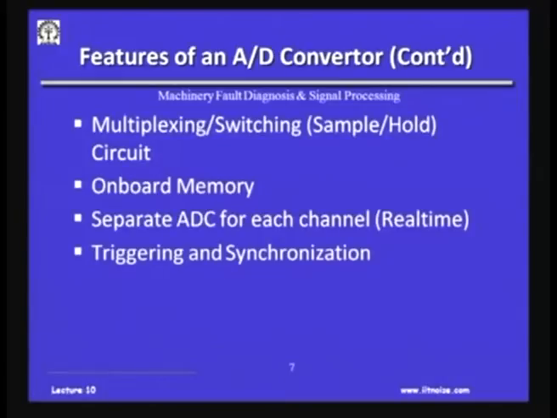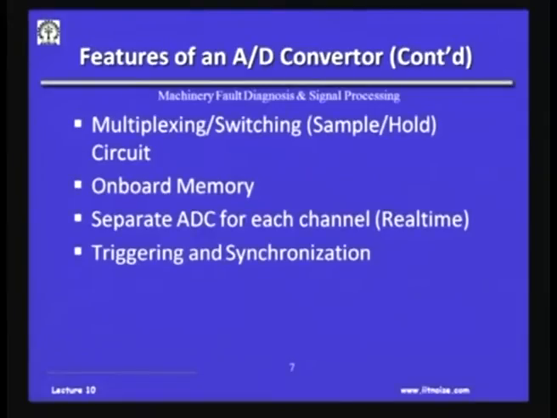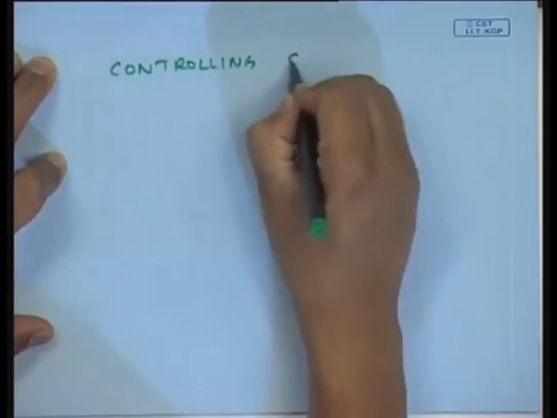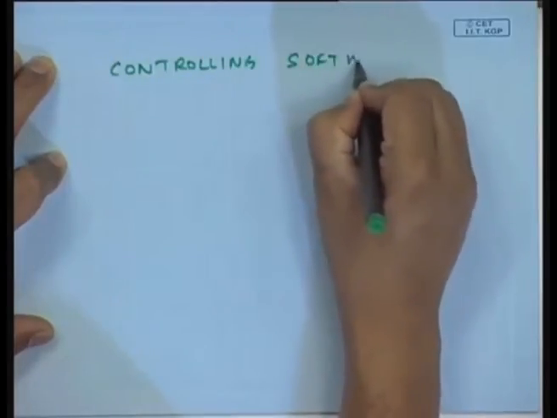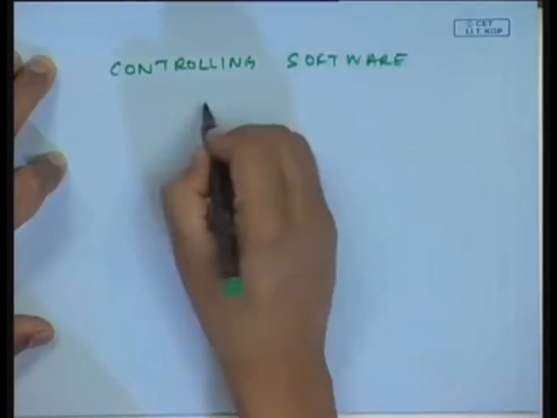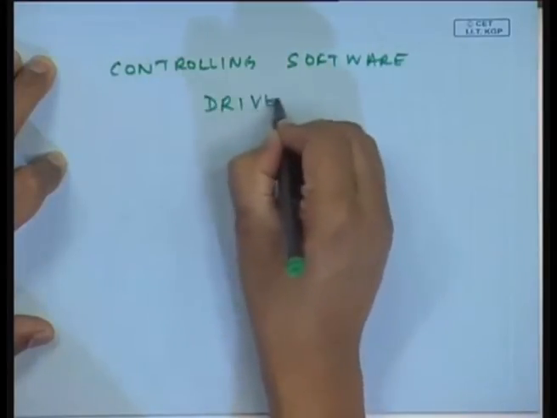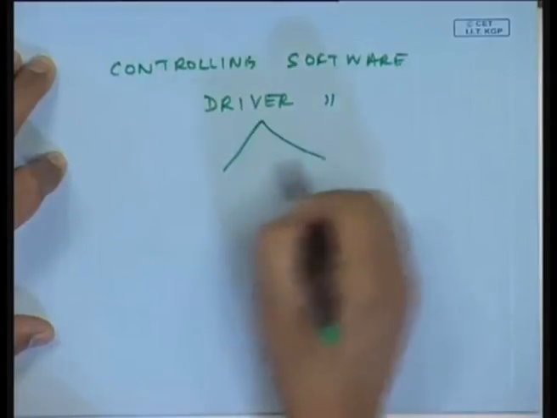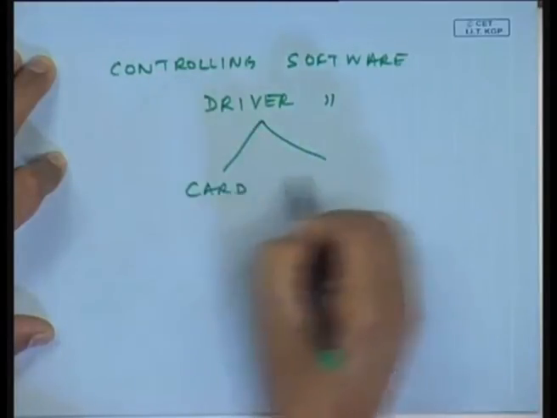If I tell the A to D converter, it is usually through software, because all these operations of an A to D card converter will be controlled by software. So, there will be a controlling software which is known as the driver software, which will communicate to the card and the PC.